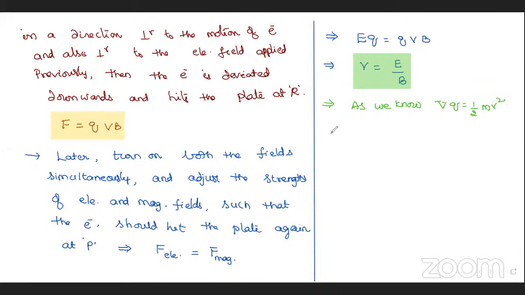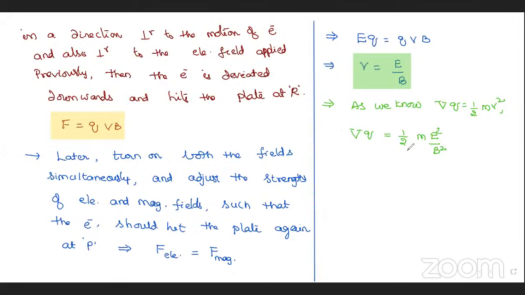If I substitute this v value here, VQ equals half m into E square by B square. Look here, half we know, E we applied, B we applied, V we applied. So unknowns are Q and M in the whole equation.